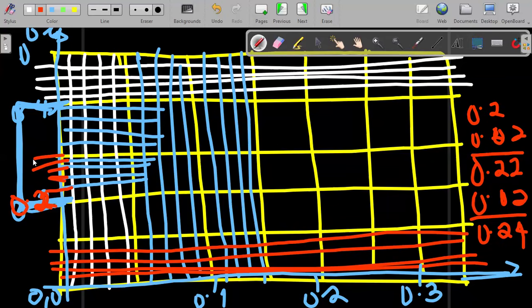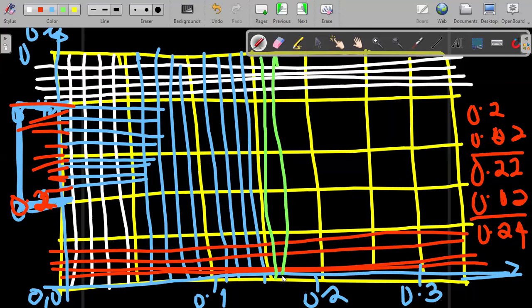So if I count this one, now it becomes 0.32, 0.34, 0.36, 0.38, 0.4. Are you seeing it? I hope it's clear. Then maybe 5 points: 1, 2, 3, 4, and 5.